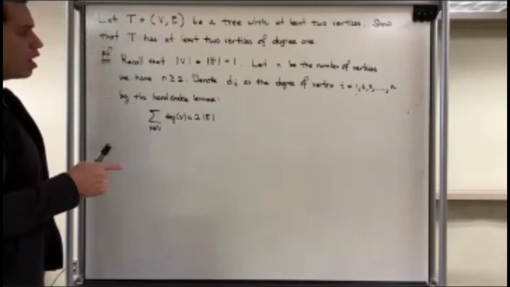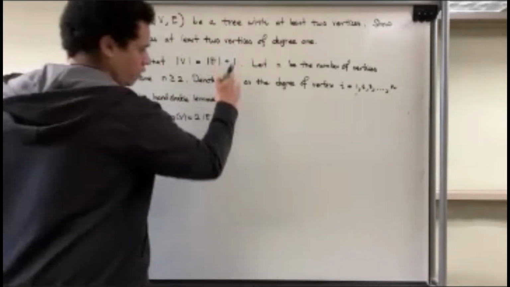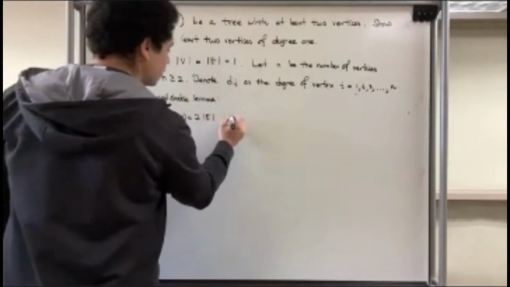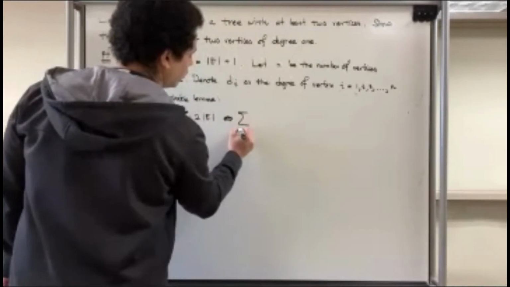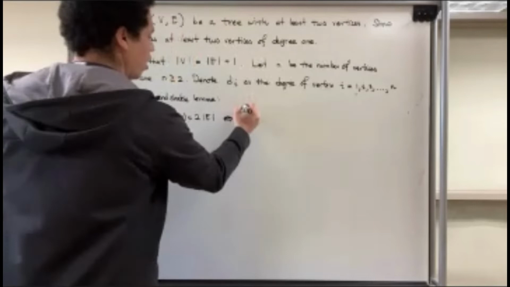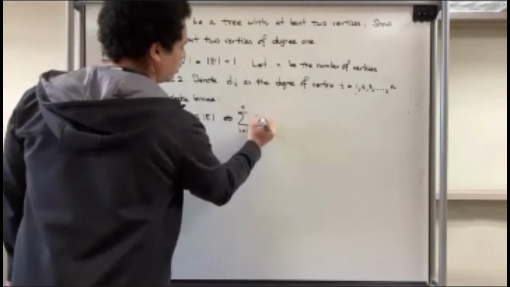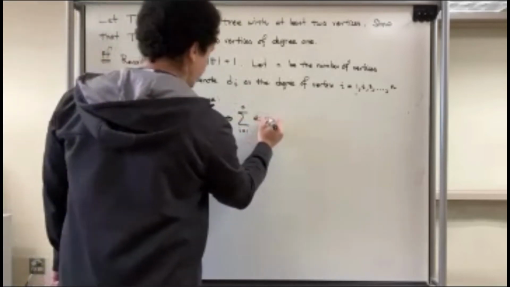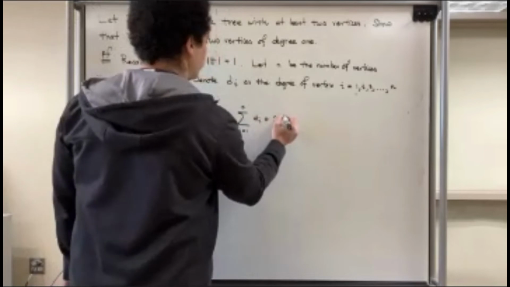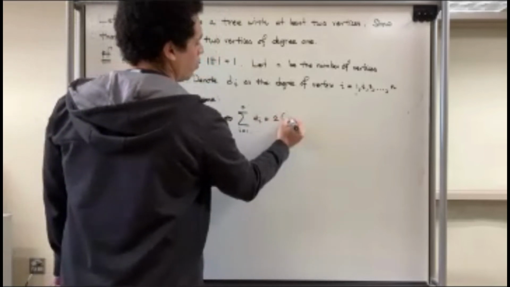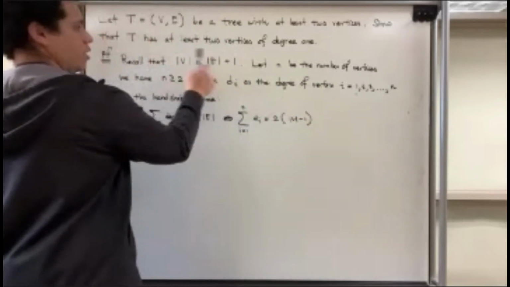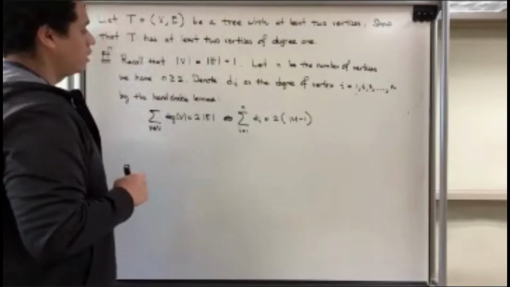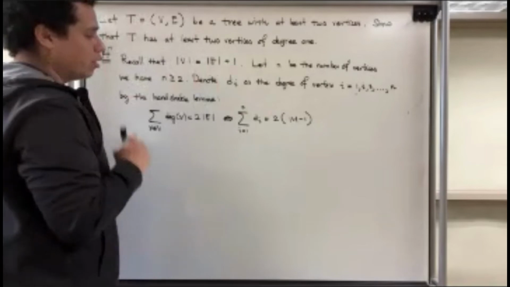But how do we establish this in this context? Well, if I add the degrees ranging from 1 up to n, this sum is the same as 2 times the number of vertices minus 1, right?